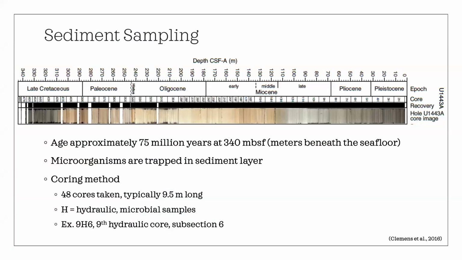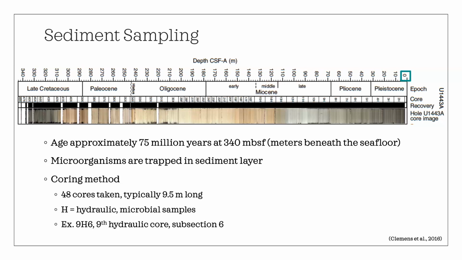This is a sediment sample. This is a composite image of sediments as it comes out of a drilling hole. This particular hole is in the Bering Sea. The top row on the far right, you see 0, that's the seafloor.